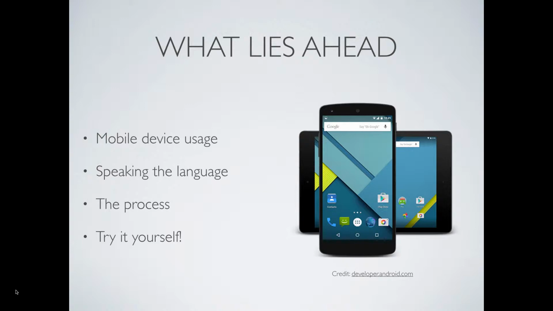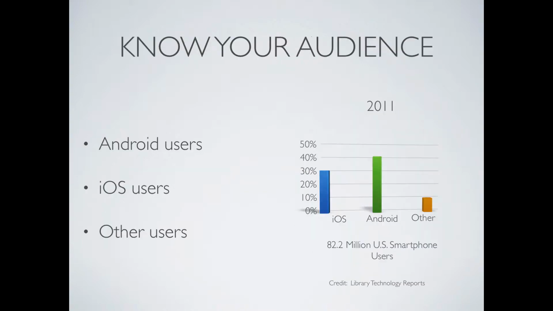So let's start by talking about our audience. According to Library Technology Reports and ComScore, in 2011 there were about 82 million smartphone users in the US. About 30% were iOS users, about 40% were Android users, and people using other operating systems like Windows and BlackBerry made up the remaining 10% of the users.